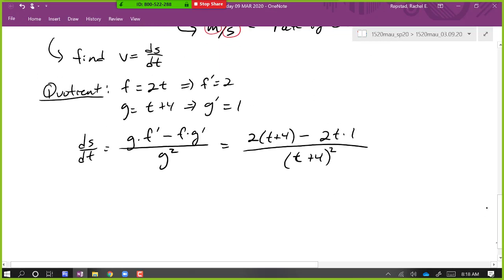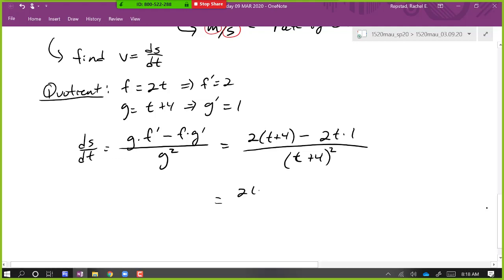Now, we're all pretty good at staying vigilant with our algebra, so I don't expect to see this a lot, but I would be remiss if I did not remind us all to resist any temptation we might feel to cancel out those t plus 4s, right? T plus 4 is not a factor on top, which means it's not fair game for canceling. But what we can do is just expand the numerator, multiply that out.